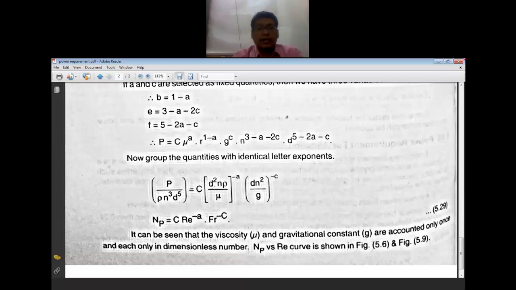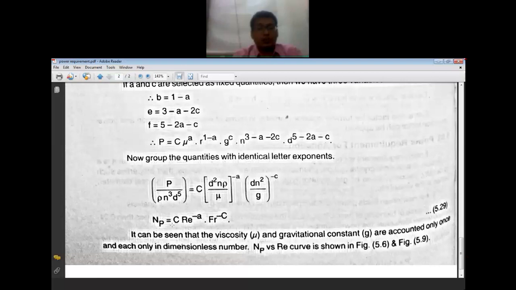Then d square n rho upon mu is nothing but the Reynolds number, and d n square upon g is the Froude number. So this is a power relationship representing the Reynolds number and the Froude number.